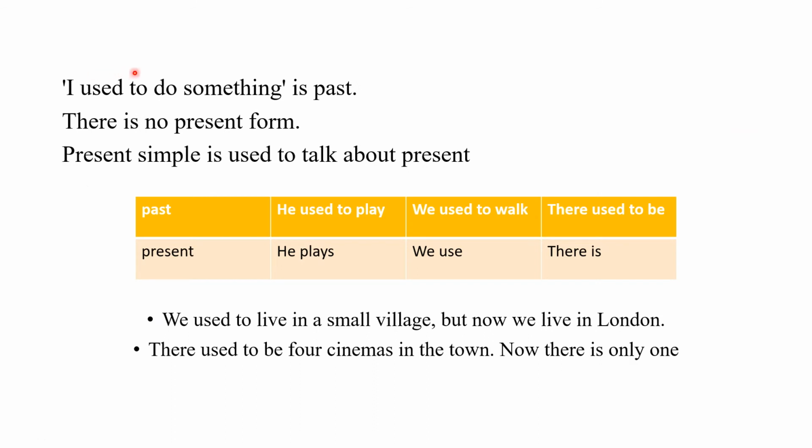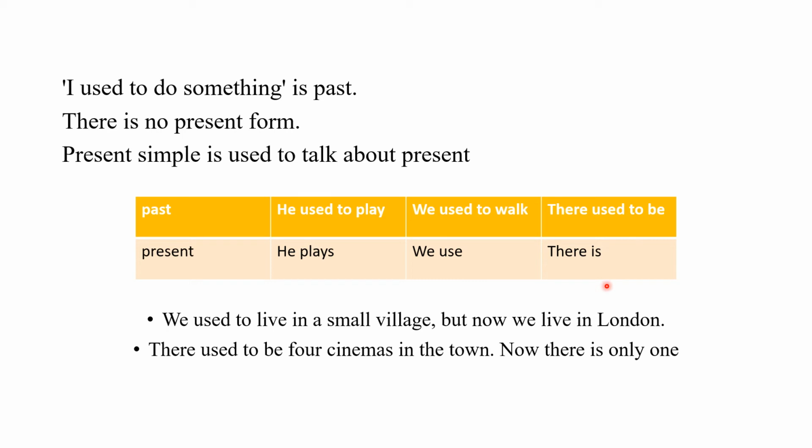I used to do something can be used to show a habituated or accustomed action in the past, but for a habituated action in the present we don't use used to; instead we use a present form or present simple. For example, for the past we could say he used to play, we used to walk, or there used to be. But for the present we say he plays, we walk, there is.